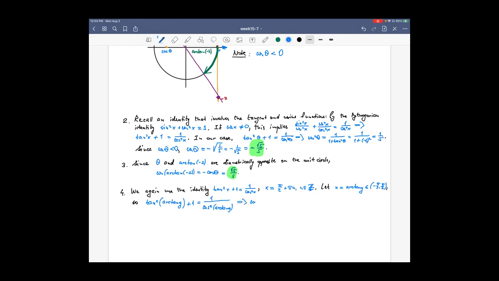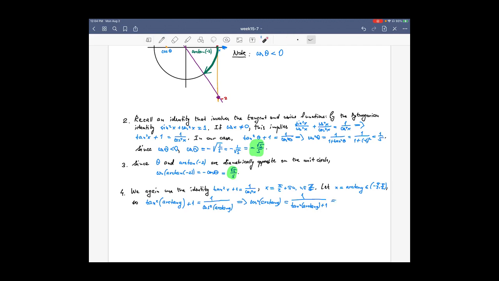That is, cosine squared of arctangent y equals 1 over tangent squared of arctangent y plus 1.